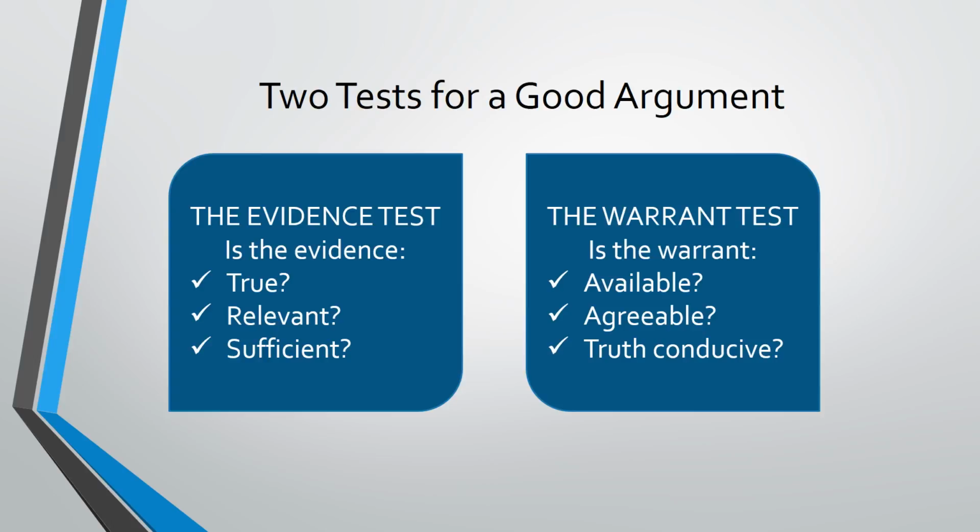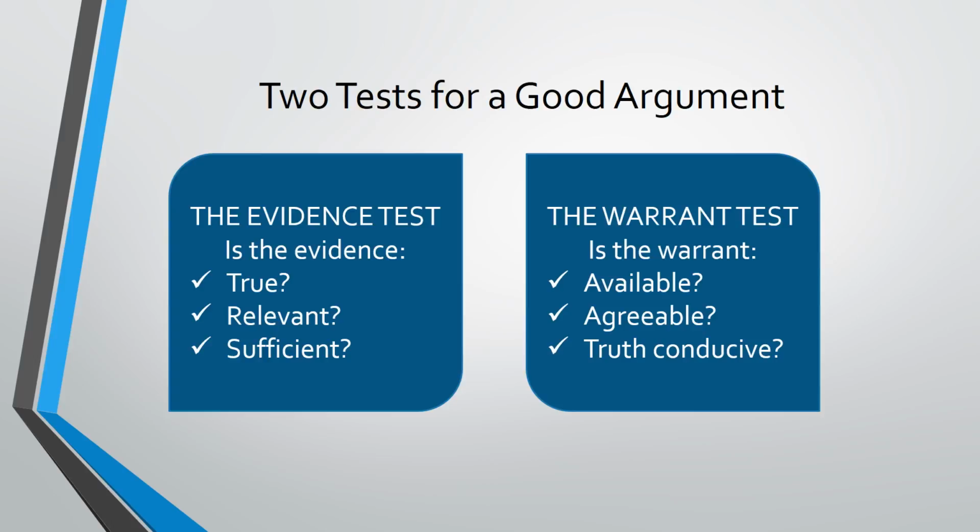It provides a clear and relatively uninterrupted path from one place to another. If there's power at one end of the wire, there will be power at the other. In a good argument, the warrant conducts truth from the evidence to the conclusion. If there's truth at one end, there will be truth at the other.